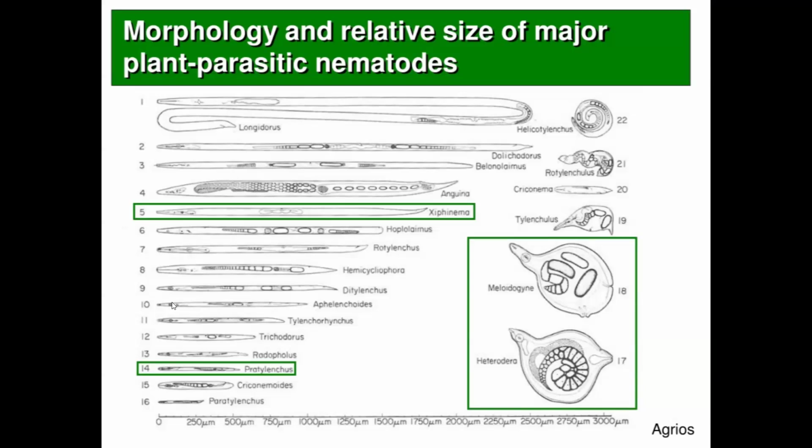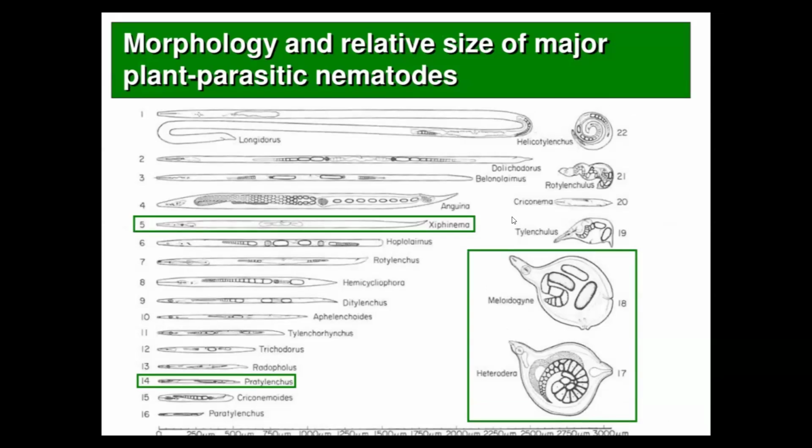MJ, what is 22? Number 22 is what? Helicotylencus. That's very correct. Who else has not spoken here? Pleroma is out. Her network is so bad.